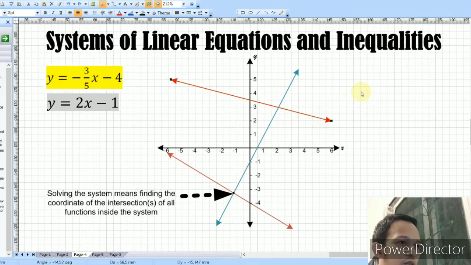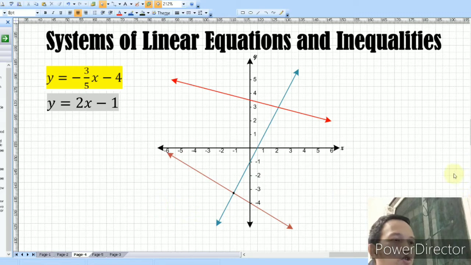Now, let me give you another example. Let me get rid of this. In this case, we have three linear functions, three lines, in one system. To solve this system, we need to find the intersections of all three functions.